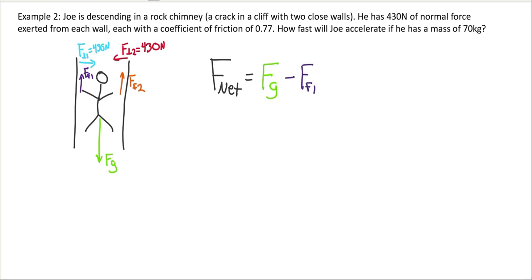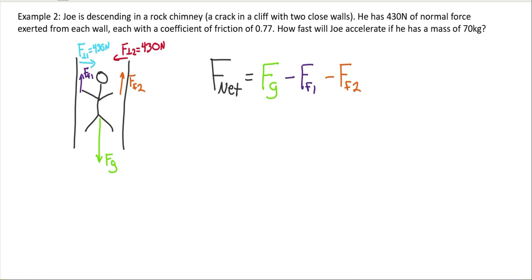Force friction 1 is resisting, and force friction 2 is resisting. Now I'm not going to write in my normal force for either 1 or 2, because to do that, they would have to be going in the same parallel direction as the force of gravity, which is up and down. The normal forces are left and right. They're perpendicular. They don't go into the net force equation.